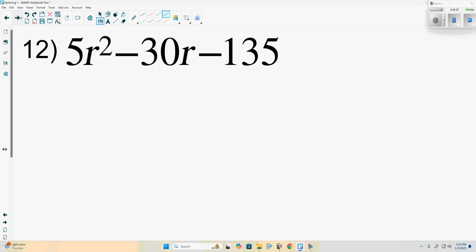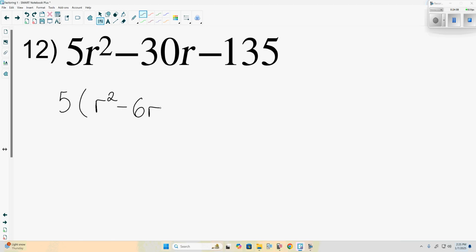5r squared minus 30r minus 135. Is there a greatest common factor between these three terms? 5. So we're going to factor 5 out. We're dividing each term by 5. If we divide 5r squared by 5, we're left with r squared. If we factor 5 out of 30r, we're left with 6r.